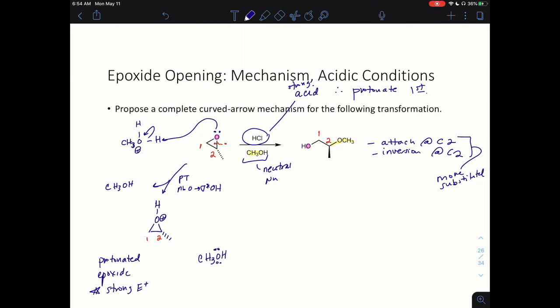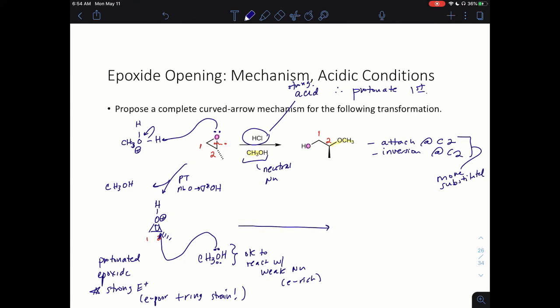So again, the protonated epoxide is really electron poor. Plus it has the ring strain. So it's really reactive. So that means it's going to react with this weak nucleophile methanol. That is our electron-rich species. And we can see methanol reacts at carbon 2 because we can see the product. It's not cheating, it's just what happens.